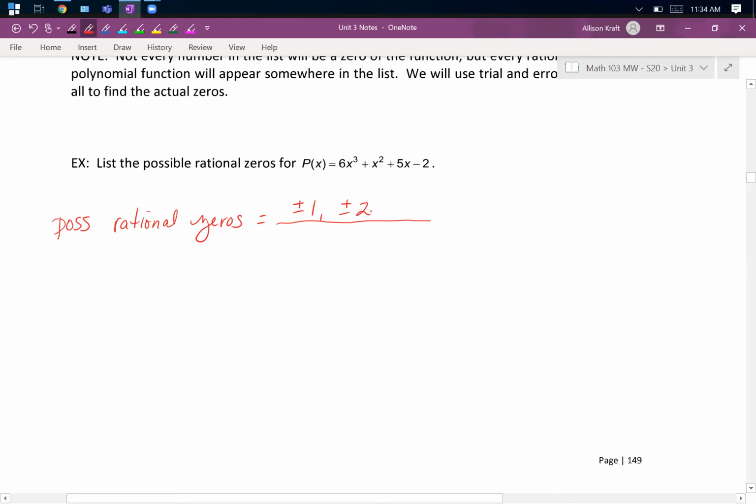Now we want to divide this by the factors of the leading coefficient. And our leading coefficient is 6. So what are all the factors of 6? 1 and 6 and 2 and 3.